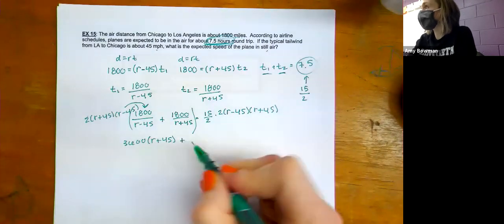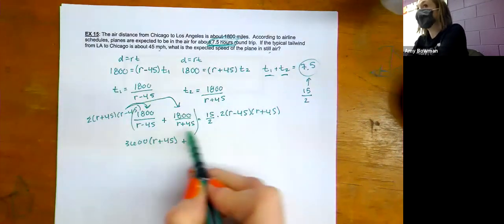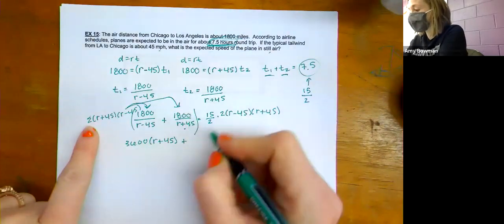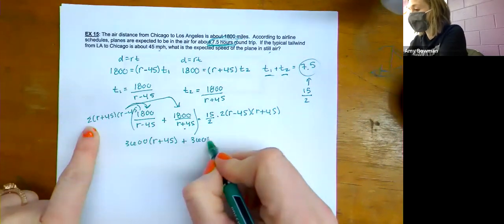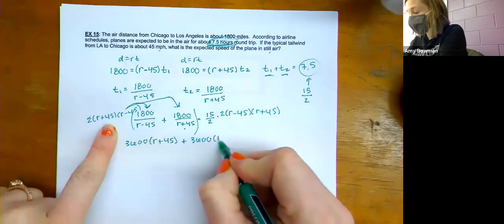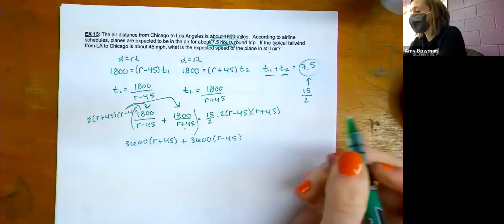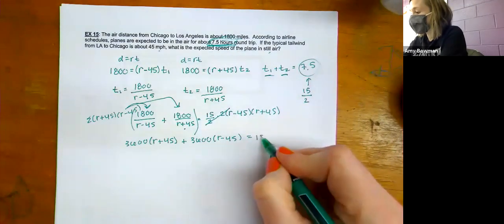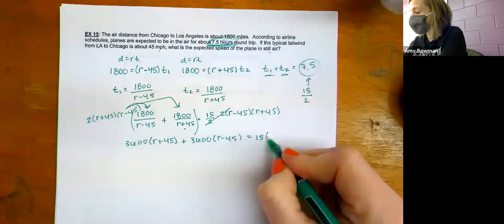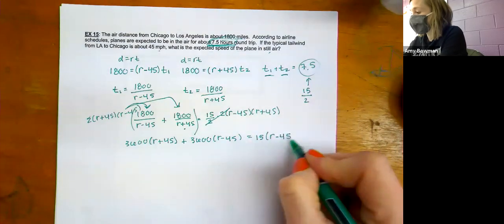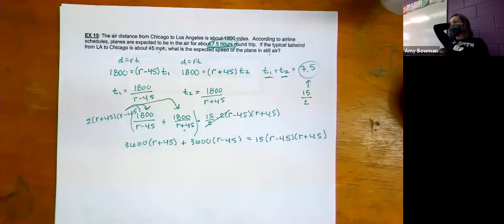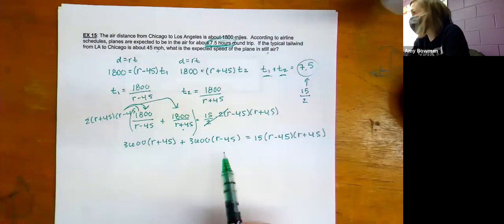The R plus 45 denominator will cancel with the R plus 45 numerator, and you're left with 1,800 times 2, which is 3,600, times R minus 45. On the right, the 2's cancel, and you're left with 15 times R minus 45 times R plus 45. Okay, so the fractions are gone, but we've just got some big numbers to work with.